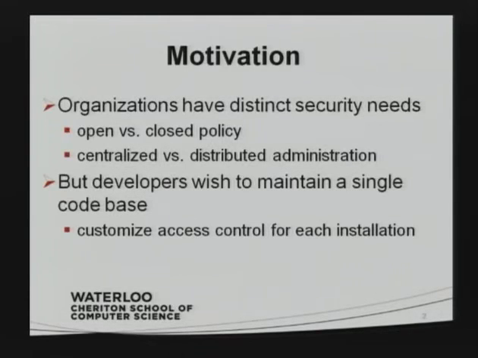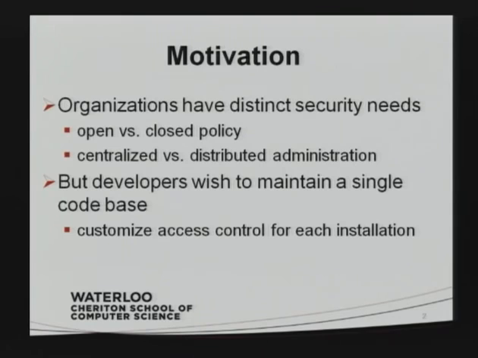The background for this work is to think about organizations that have lots of different needs for their security purposes, and a variety of things like you've probably heard about open and closed policies for whether or not people normally would get access or normally would be denied access, and how to administer the access control.